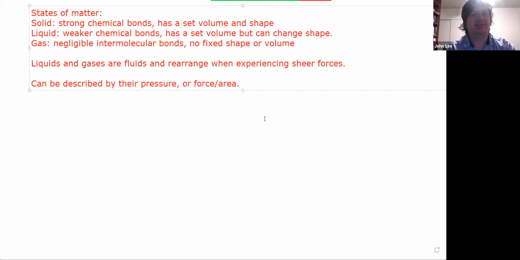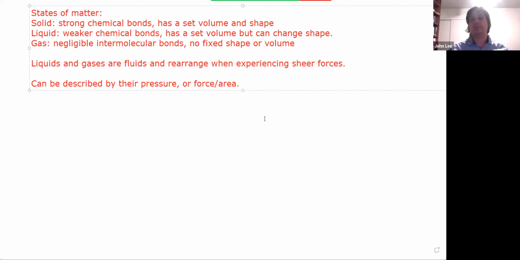but it does still have those molecular bonds for the hydrogens and the oxygens. So liquids and gases are fluids, which can be defined as having no set shape and being able to flow into different containers, or it can also be defined by their reaction to a shear force.